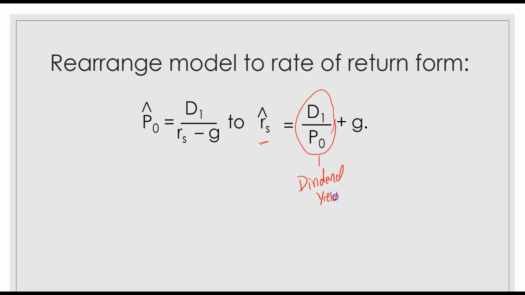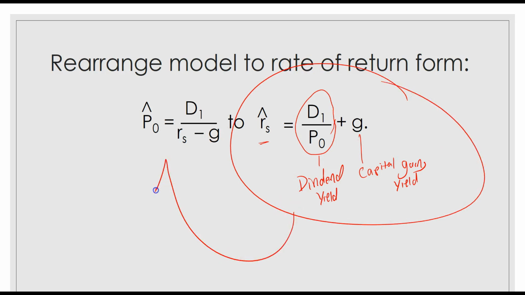Plus our growth rate, and we said that as long as growth rates are constant, that's our capital gains yield. So the Gordon model, the constant growth rate model, is a reformulation of our total return. The required return is equal to the dividend yield plus the capital gains yield. So the only way we're making money is through the dividends we're receiving and stock price appreciation.